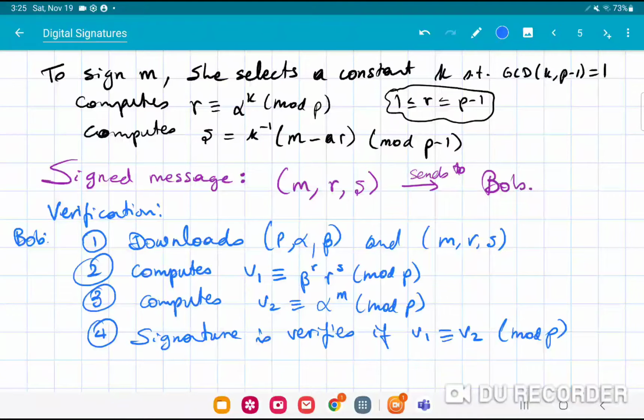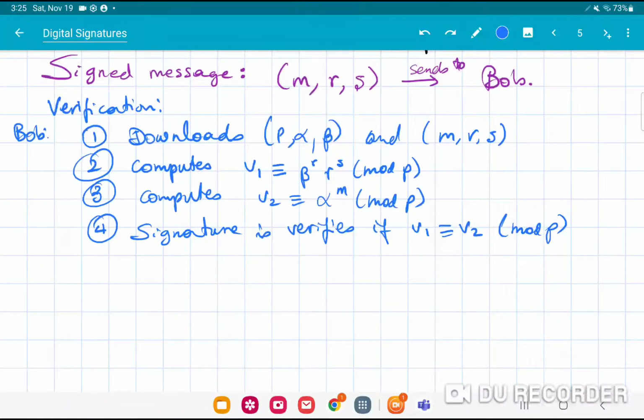So what we have is V1 equals beta to the power of R times R to the power of S, and V2 is alpha to the power of M. Why should these two be equal? I'm going to start from V1 and walk towards alpha to the power of M to get V2.